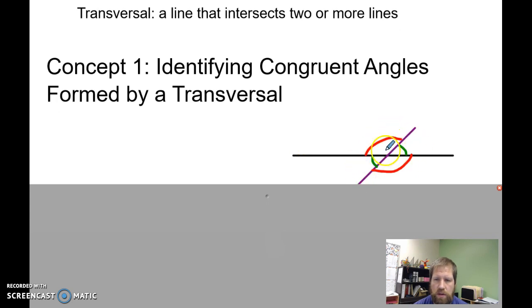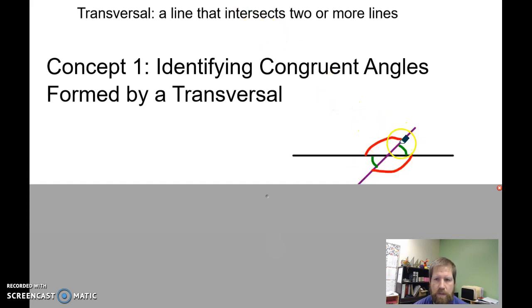These two are also supplementary. They're supplementary on this purple line. Okay, these two are supplementary on the black line. These two are supplementary on the purple line. Okay, so that's really where that knowledge that these two angles are equal comes from, is from the fact that they're supplementary.